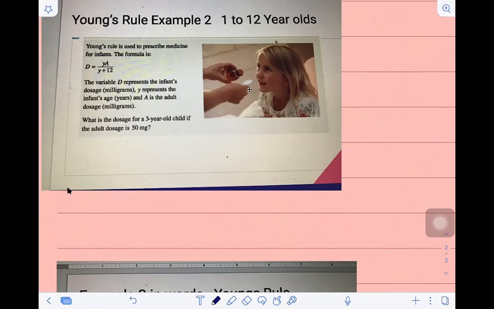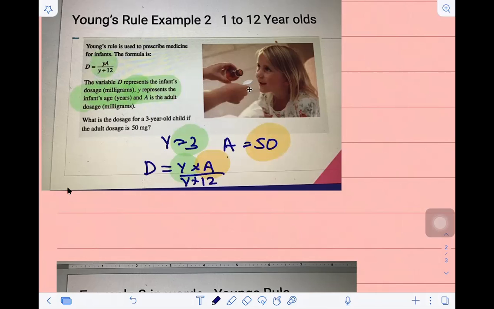So you sub it in: in place of the Y, you put a 3, and in place of the A, you put the 50. That's going to be 3 times 50 over 3 plus 12, which is 150 on 15, sorry, 3 plus 12 is 15. So it's 150 on 15, which will be 10 milligrams as your dose.